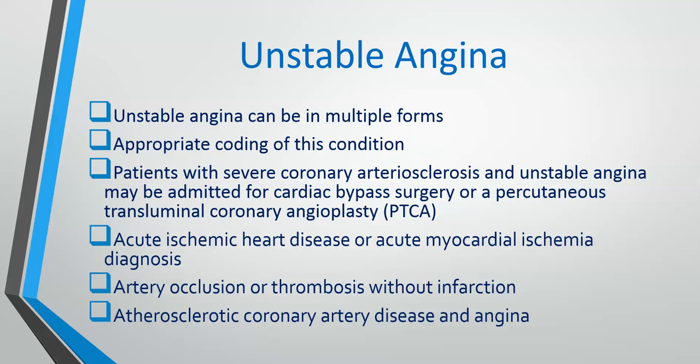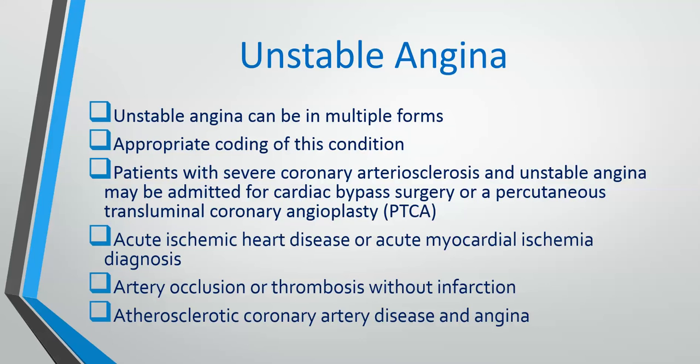So unstable angina is designated as the principal diagnosis only when the underlying condition is not identified and there is no surgical intervention. Patients with severe coronary arteriosclerosis and unstable angina may be admitted for a cardiac bypass surgery or a percutaneous transluminal coronary angioplasty to prevent further progression to infarction.